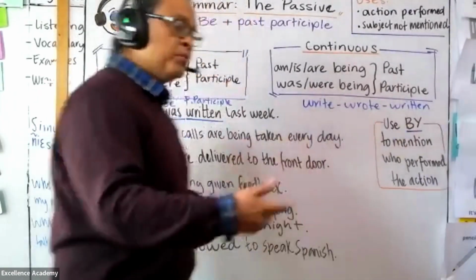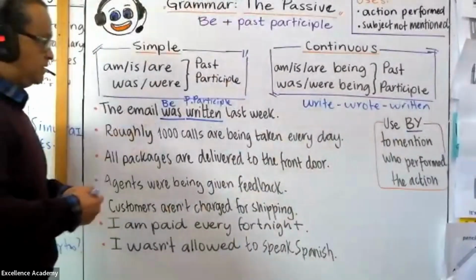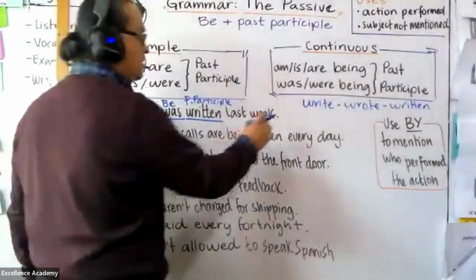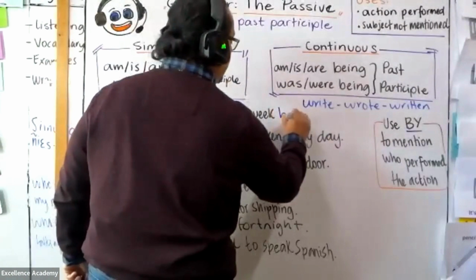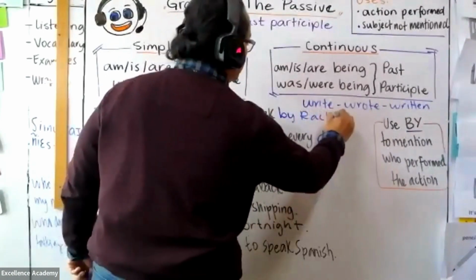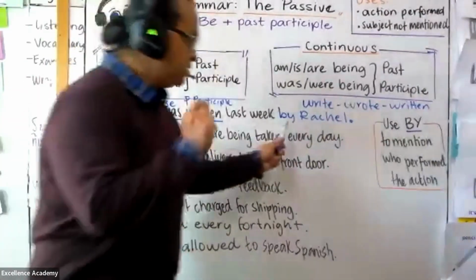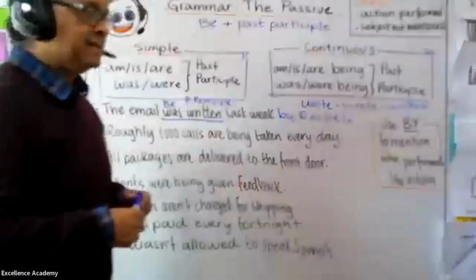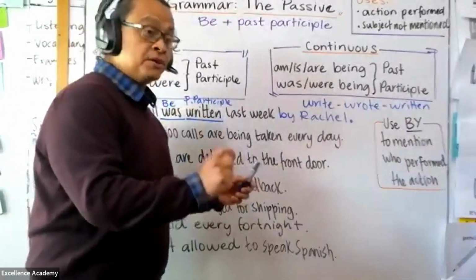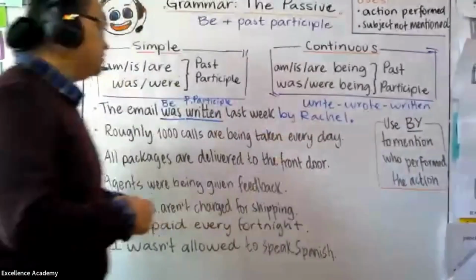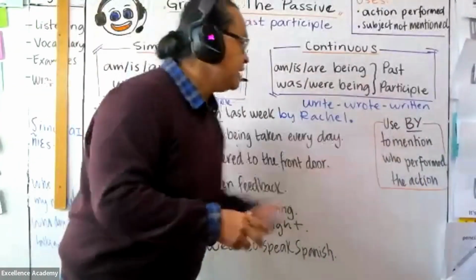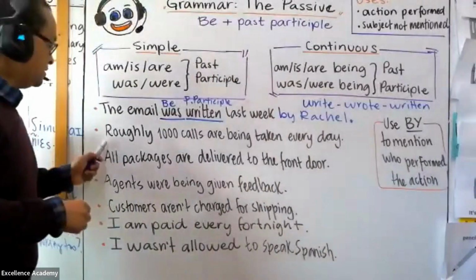So let's say the email was written last week by our friend Rachel. We just added that extra piece of information, which is really not necessary. But if you need to report who performed the action, we can simply do that by using by and mentioning the person.